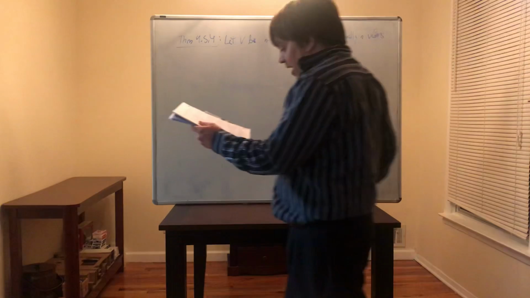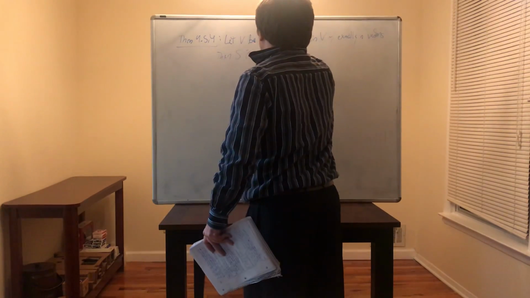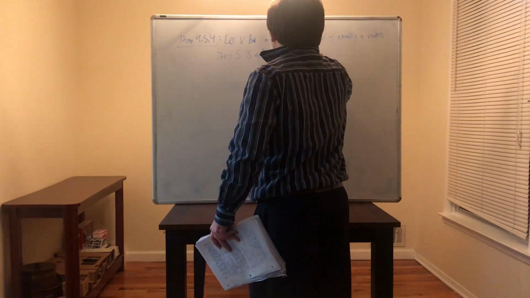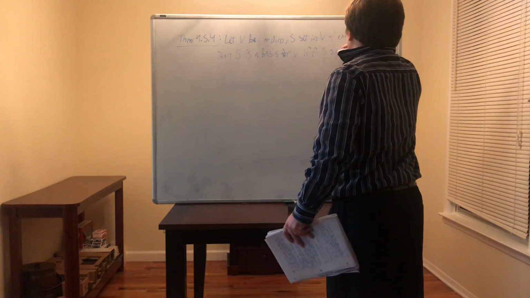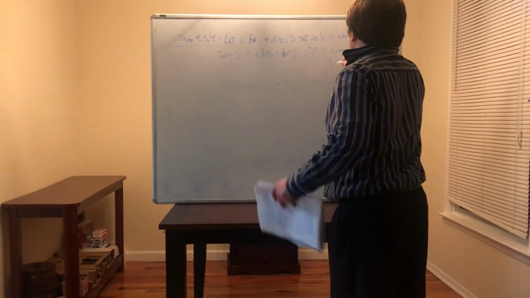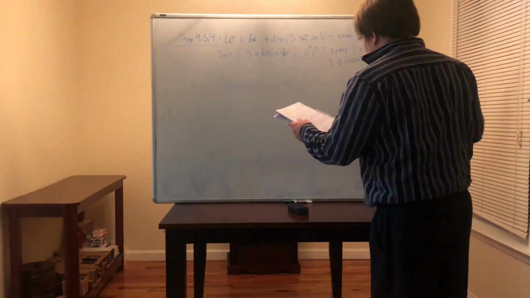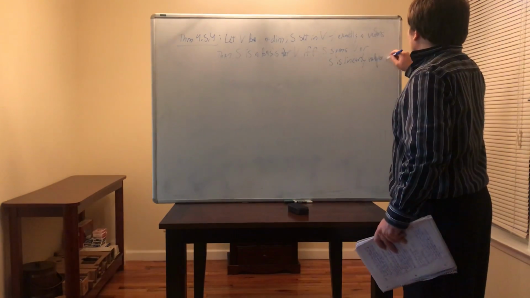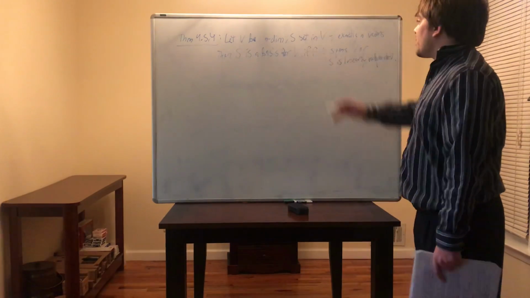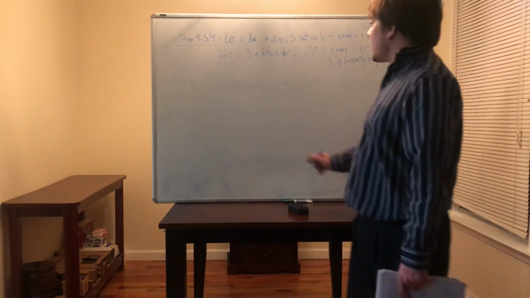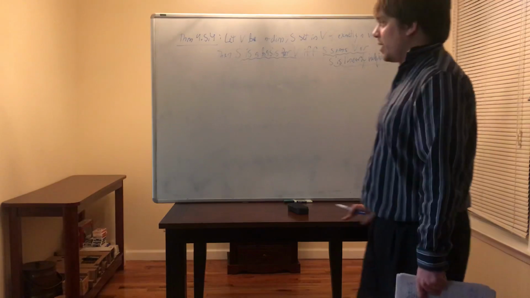Then S is a basis for V if and only if S spans V or S is linearly independent. So let V be an n-dimensional vector space. S is a set in V with exactly n vectors. Then S is a basis for V if and only if S spans V or S is linearly independent.